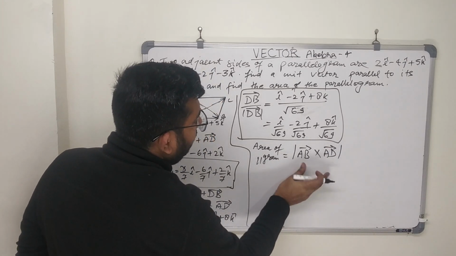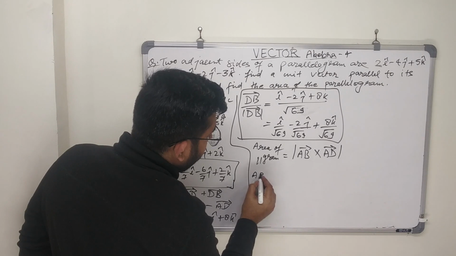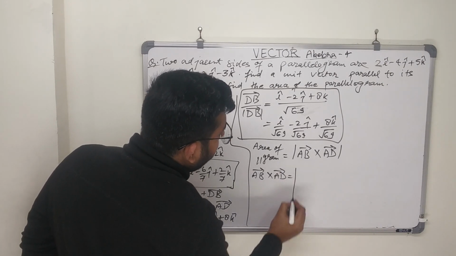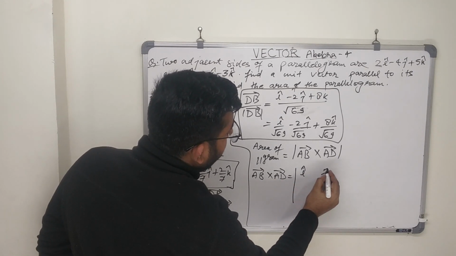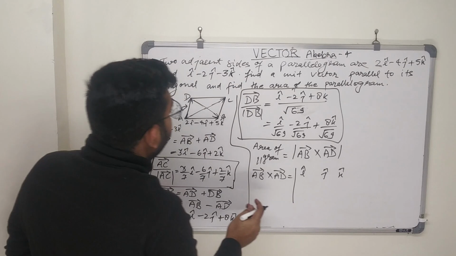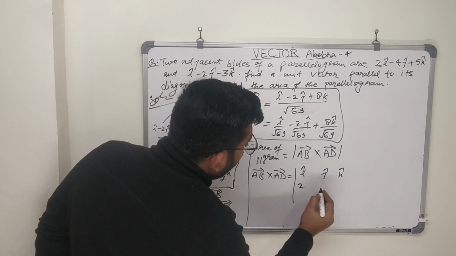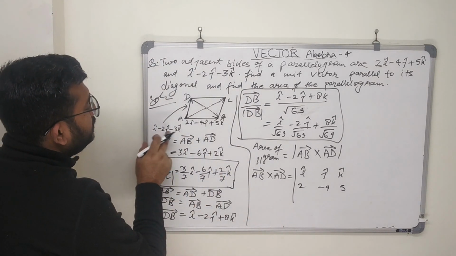First finding AB vector cross AD vector. This will be equal to the determinant of i cap, j cap and k cap here, and then putting 2, -4, 5, and then 1, -2, -3 here.